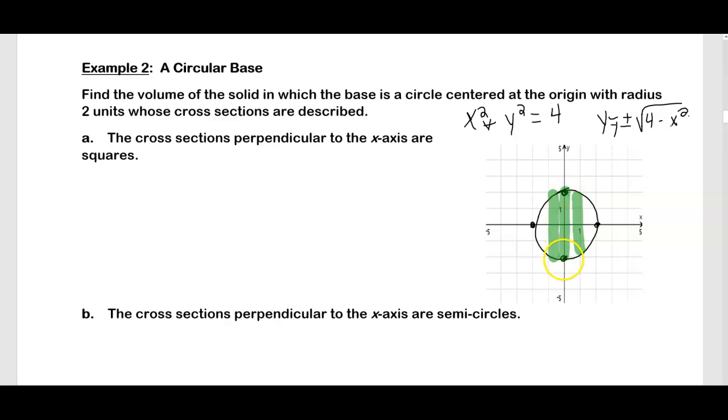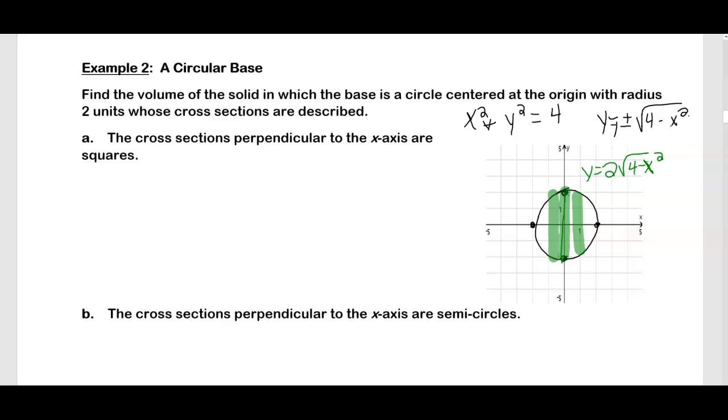This line here, 2 square root of 4 minus x squared, would represent the diameter of the circle. So if on top of a circle I put a bunch of squares, the base of the squares are going to be the diameter of the circle.